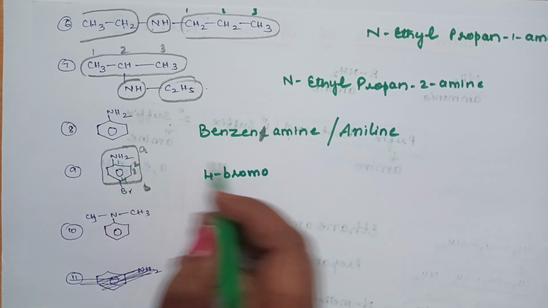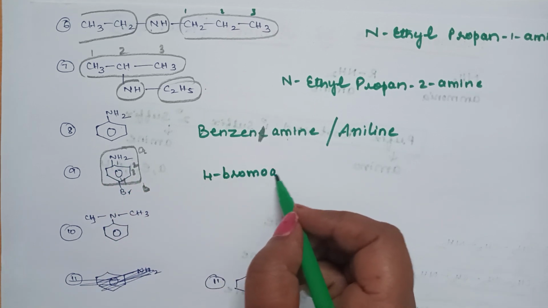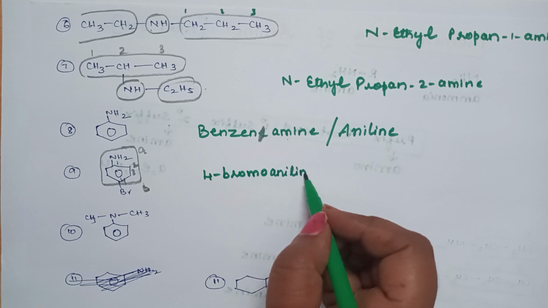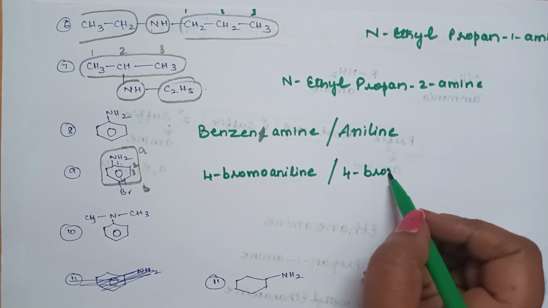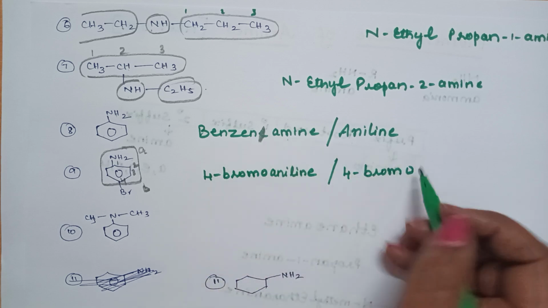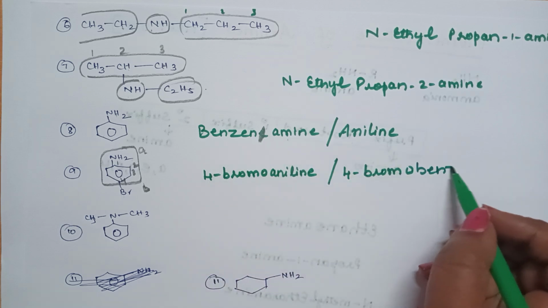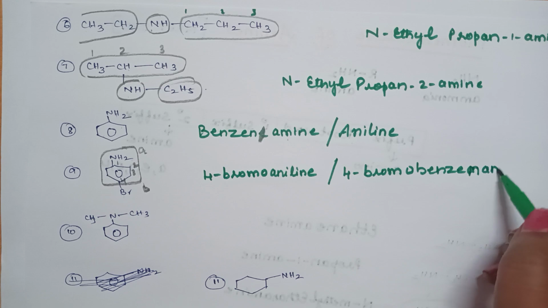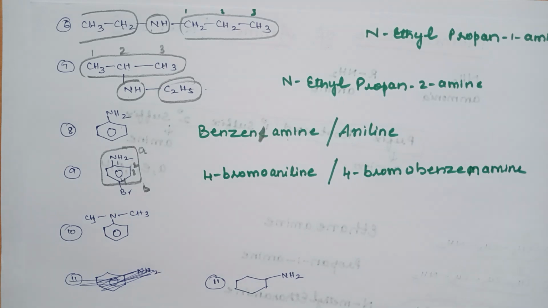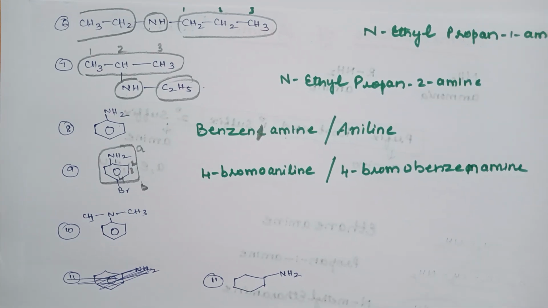And this is aniline, so you can write 4-bromoaniline, or you can write 4-bromobenzenamine. So this is the IUPAC name.